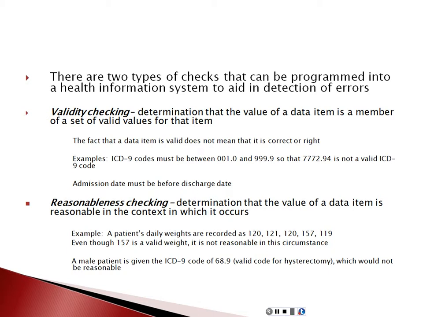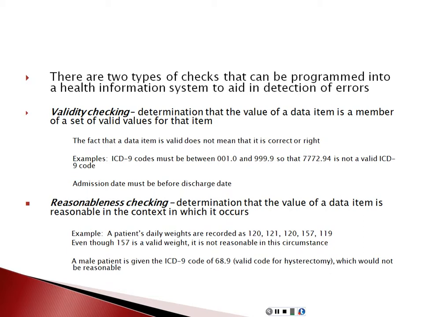They have to be. If they're not within that range, they're not valid codes. So if somebody tried to enter a code of 7772.94, it's not a valid ICD-9 code, and the system would say, this is not a valid code, and wouldn't allow it to be entered.